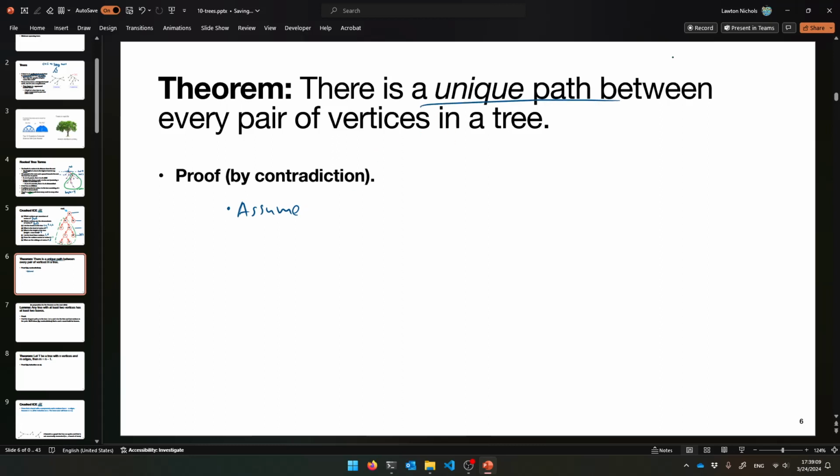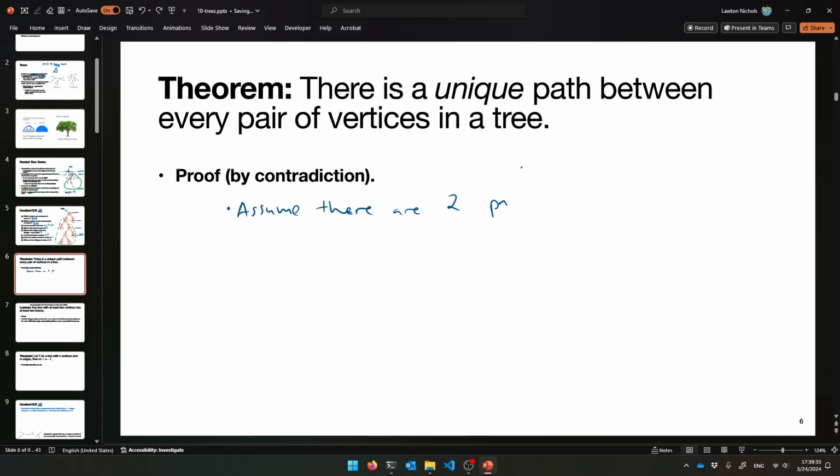So the negation is, if there's not a unique path, assume there are two paths. There could be more, just at least two. If we're assuming this is false, it's not unique anymore.